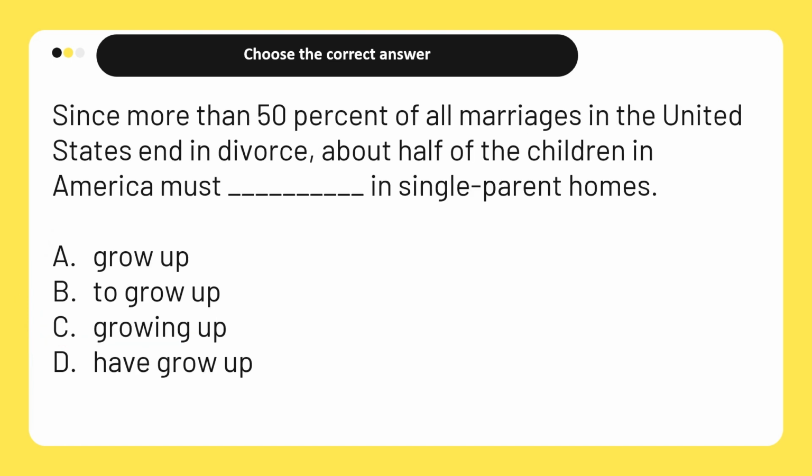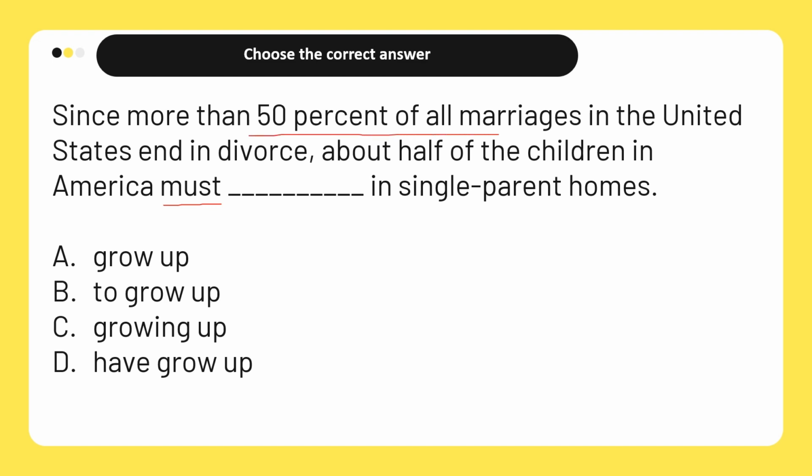The next one. Since more than 50% of all marriages in the United States end in divorce, about half of the children in America must blah blah blah in single-parent homes. Here, we have the modal already, mentioned in the sentence: must. The question is, is it talking about something in the past, present, or something that repeats? And remember, it talks about data, which is more than 50% of all marriages.